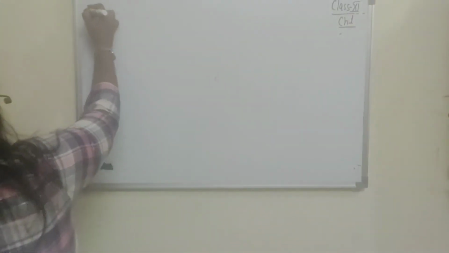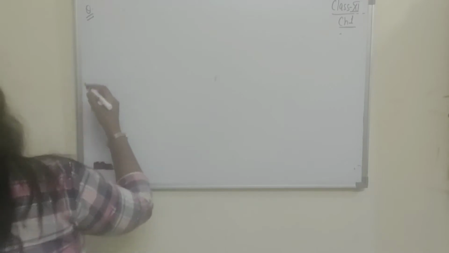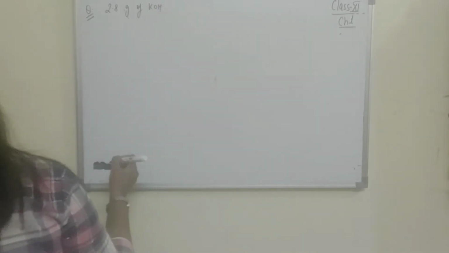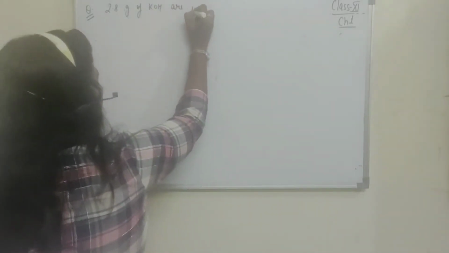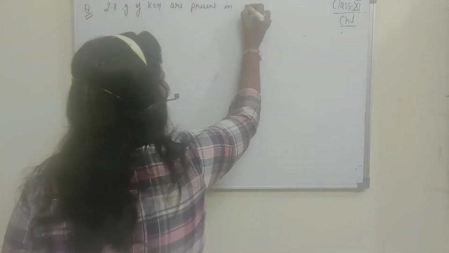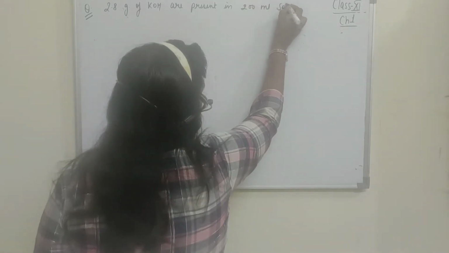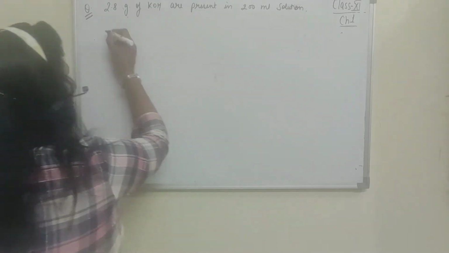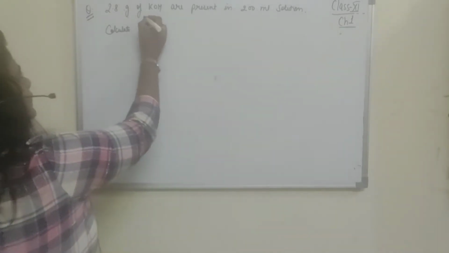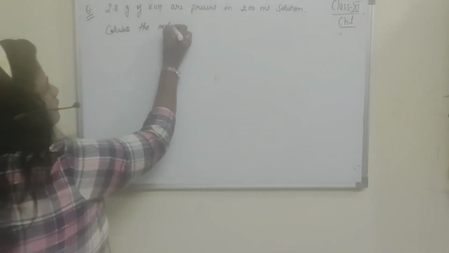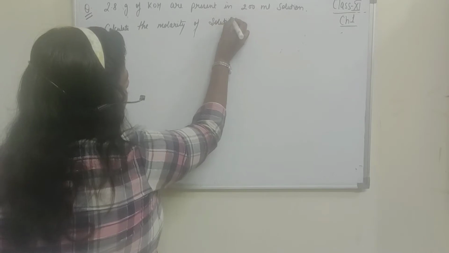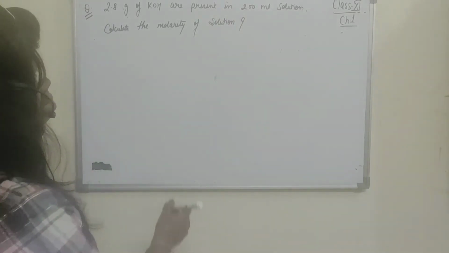Question is: 2.8 gram of KOH are present in 200 ml solution. Calculate the molarity of solution.